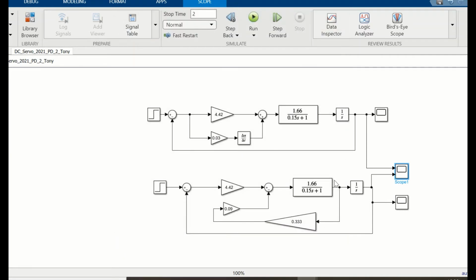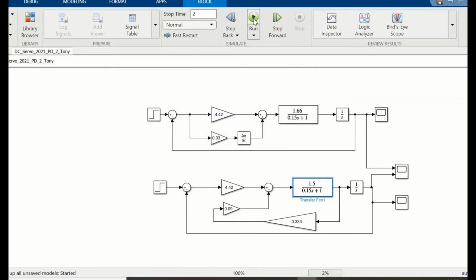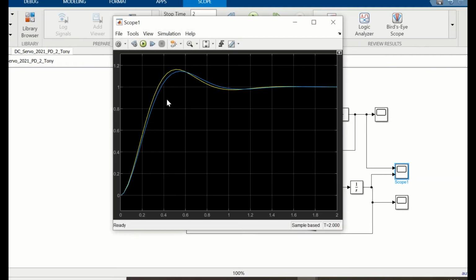Just to prove that, if we change this number here to, let's say, 0.5, just for a moment, and then run it again, we now can see this because that changed. There's some difference. So there's 2 graphs there, but they're both close to each other.